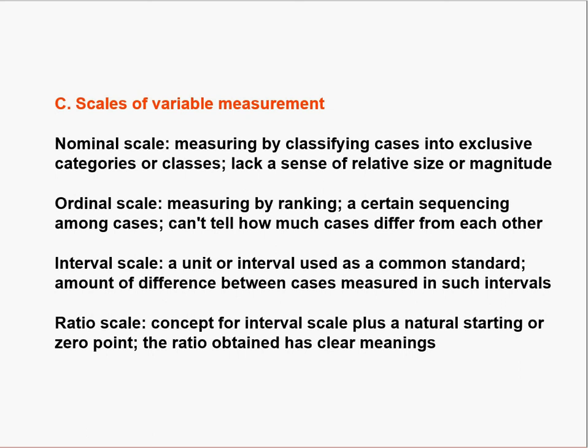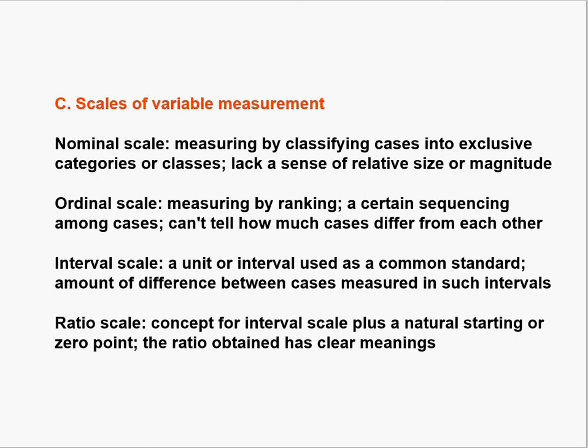So you can get a sense of this 0 in the case of latitude and 0 in the case of direction: 0 does not mean absence of attribute. 0 does not mean that there's no latitude. 0 does not mean that there's no direction.